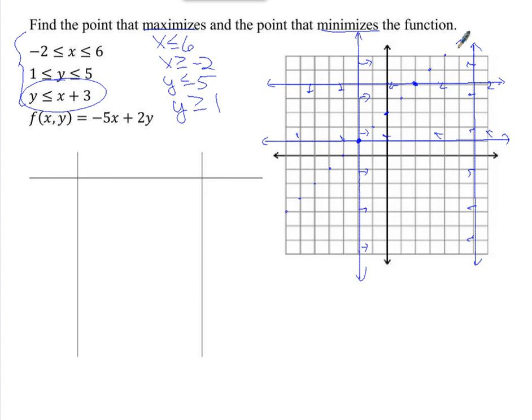I still have to very carefully draw in that line. And this one says shade which way? It says less than or equal to. That's shade below. So I draw my arrows in. And now we were in that little rectangle. What is the shape that we're looking at now? It's that trapezoid. So I'm going to shade that in here.